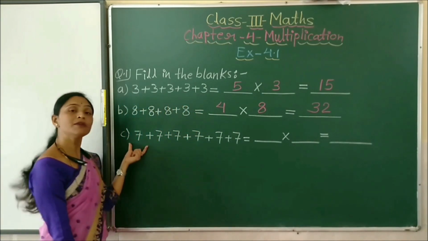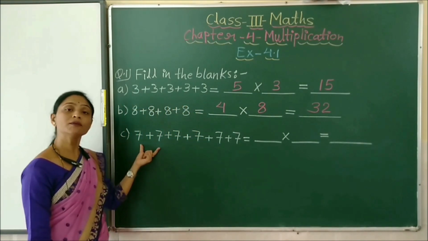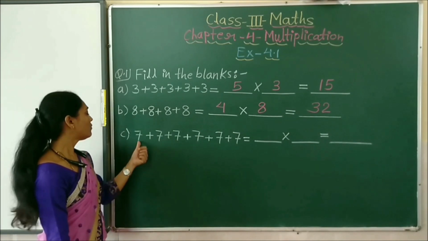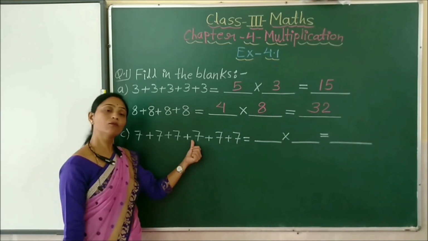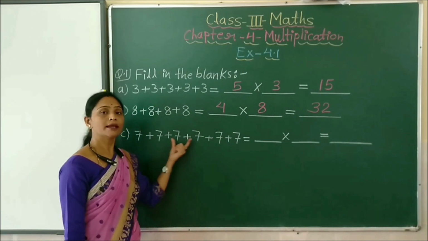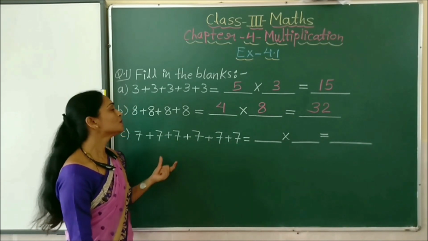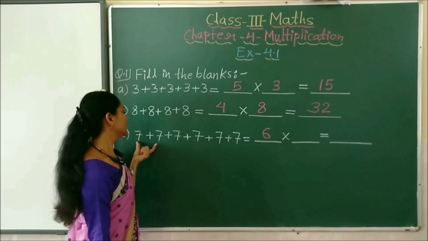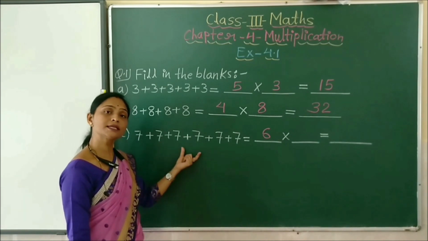Now this third one we will see. Here also in the same way we will first count how many times this 7 is repeated. 1, 2, 3, 4, 5 and 6. How many times is it? It is 6 times. So first we have to write here 6 and then the number 7 which is repeated.